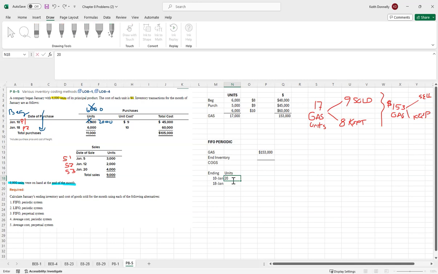So there will be 2,000 at $9, and then 6,000 at $10, right?